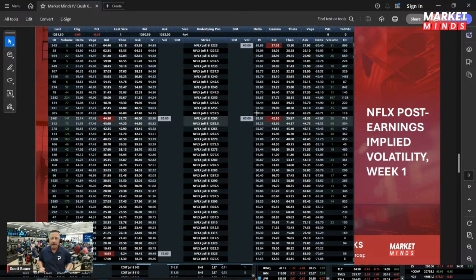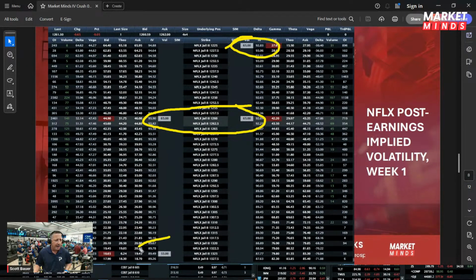So on this screen here, I've gone back to this week's option chain. But what you'll see I've done here is I've added in where I believe the implied volatility is going to go after earnings.